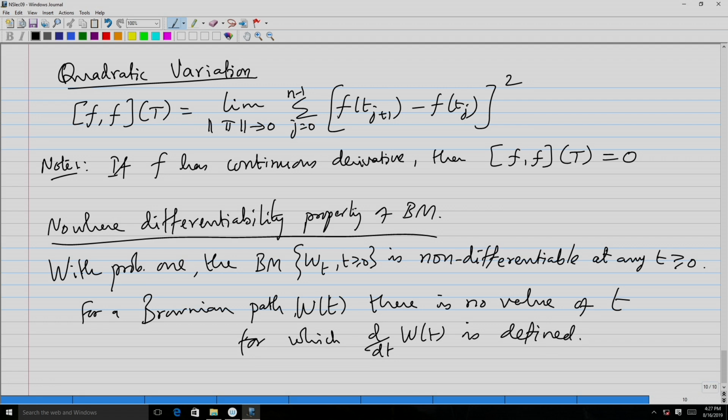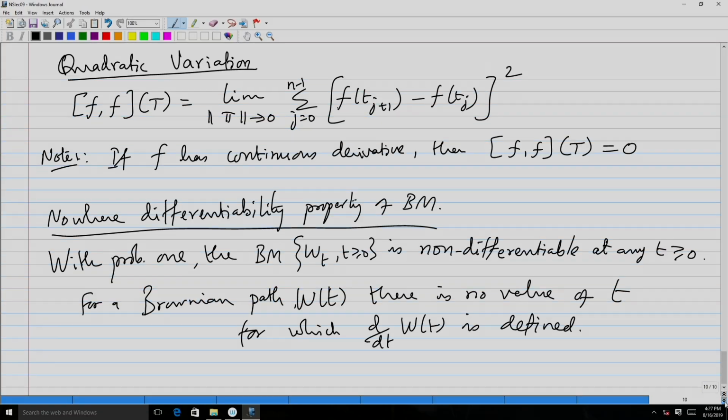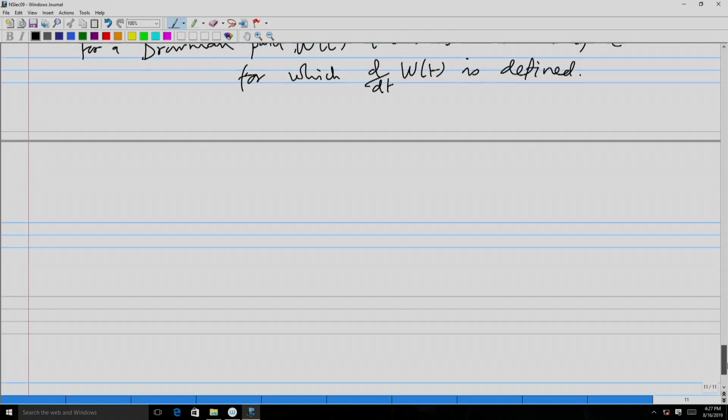So, which means the first order variation, second order variation that we have noticed, where f dash exists, for W_t that does not exist, and there is no question of the continuity-everywhere property also. So, these whole things will break from ordinary calculus in the stochastic setting.